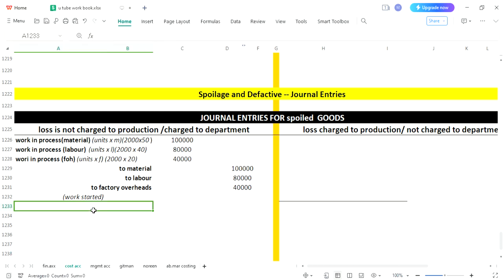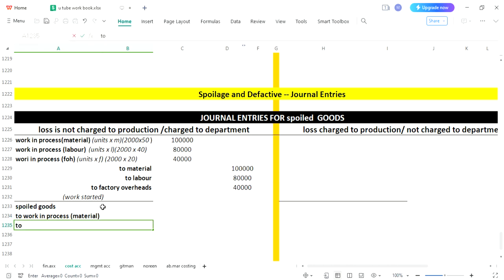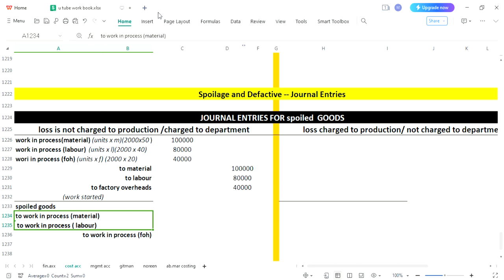Second entry, hopefully some of you would remember what we have done: spoiled goods or spoiled recovery to work in process, and that would be for material, and then you will see work in process for labor, and third you will see work in process for FH, and these three entries would be written on the credit side.